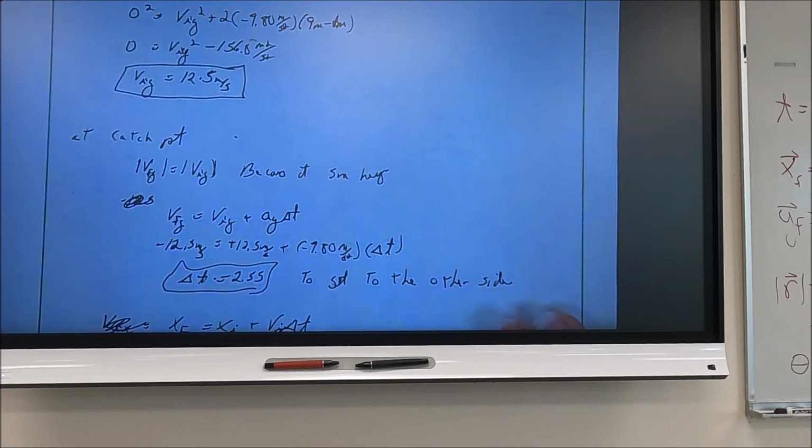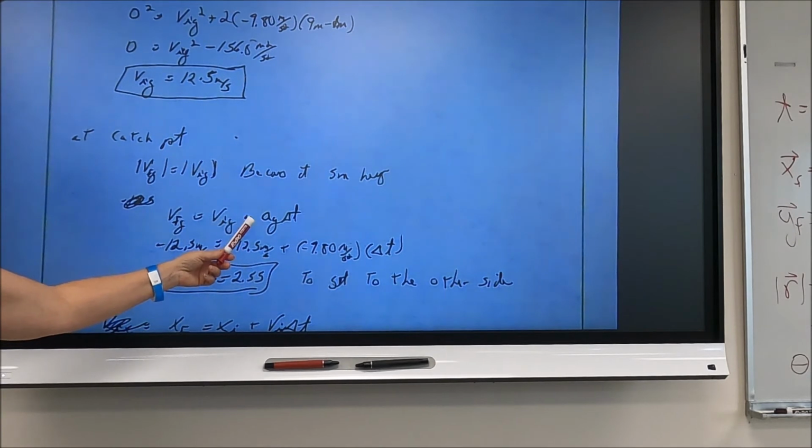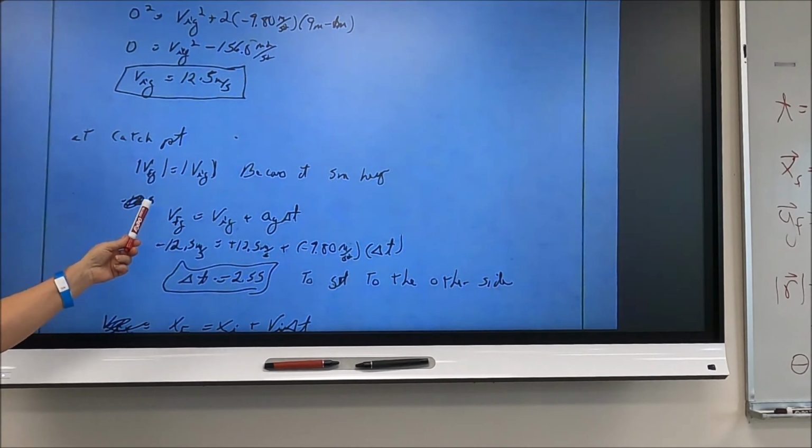Now, moving on, I know at the catch point, v final y is going to equal minus v initial y because they're at the same height. Now you can check me out on that, but I swear, cross my heart. Okay, so we know that they're going to have the same magnitude, but one's going to be negative, one's going to be positive.